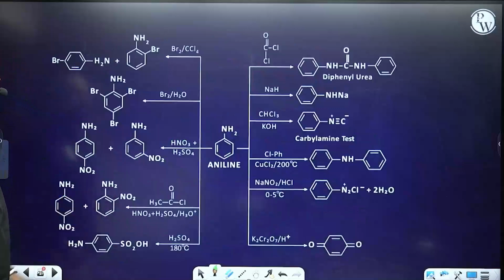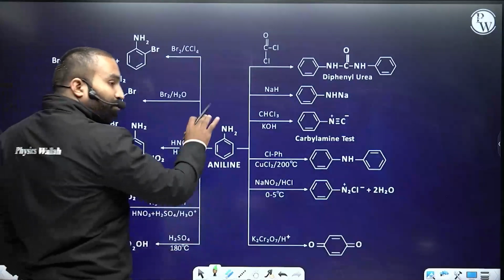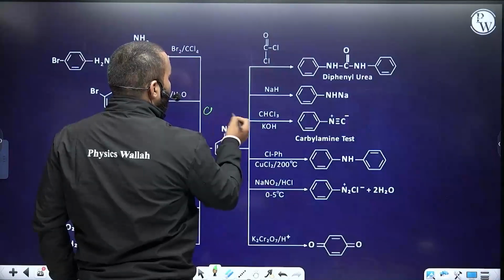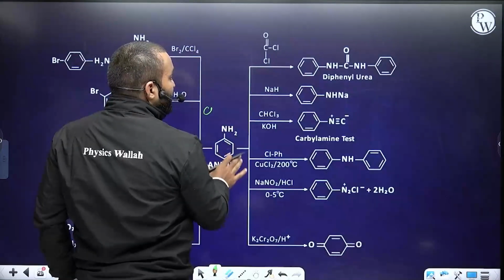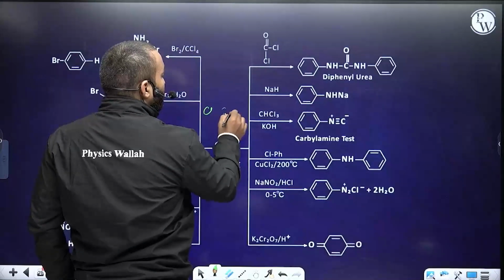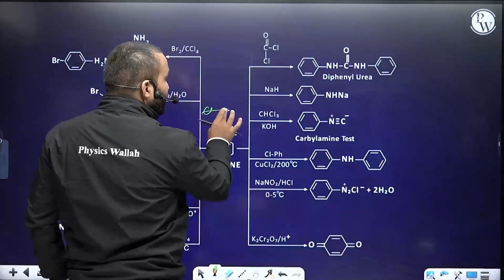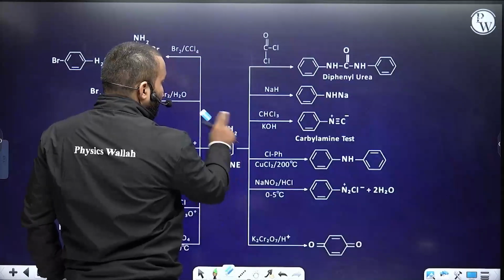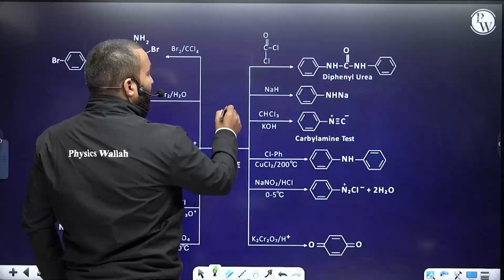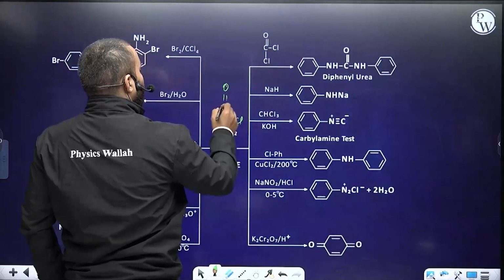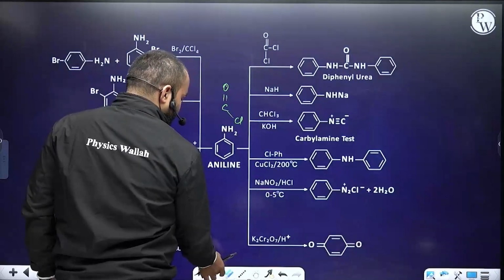Let's proceed, guys. Some more reactions, but the idea is the same. Now when I bring this molecule with C double bond O, Cl, and let me write it this way.